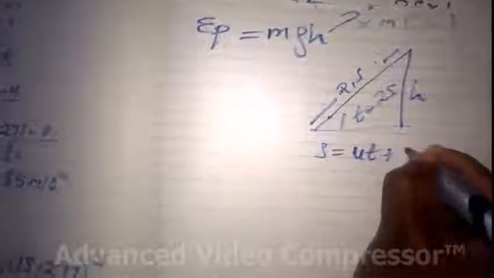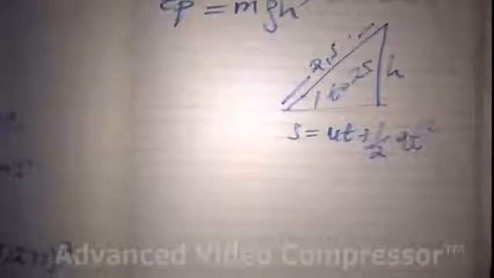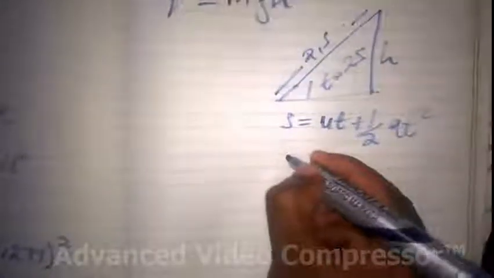It states that s is equal to ut plus half at squared. Now our initial velocity we know is 0, and our time is 180.